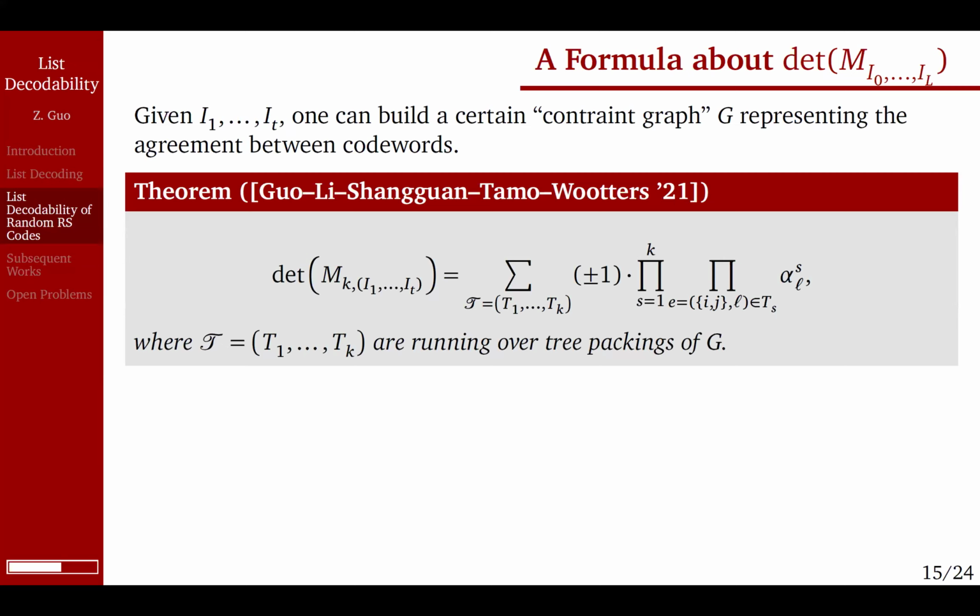A tree packing of size k is a collection of k spanning trees of the graph. They are edge-disjoint, they don't share edges. The graph can have parallel edges. So you just pack the k spanning trees into the graph.